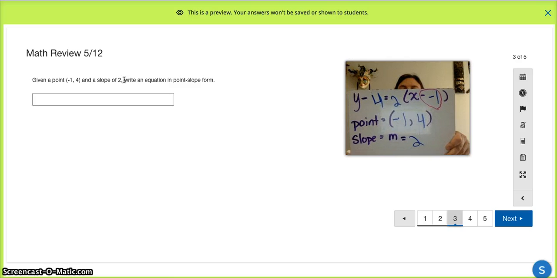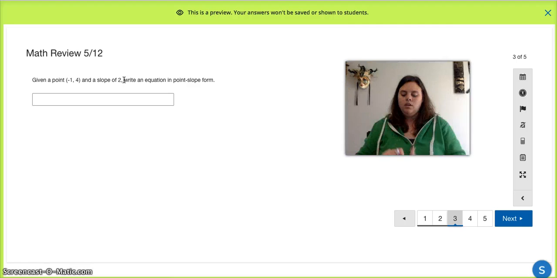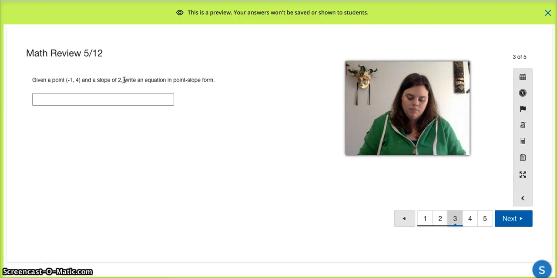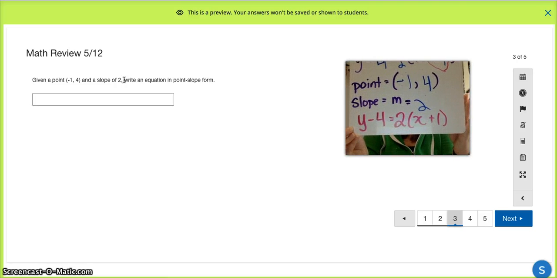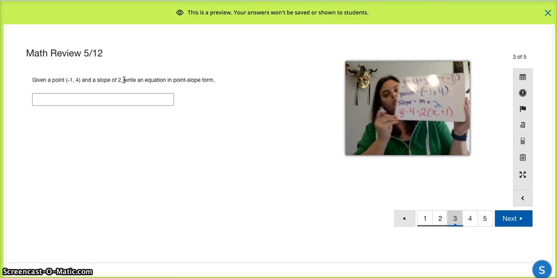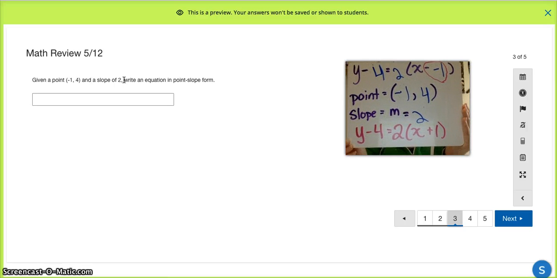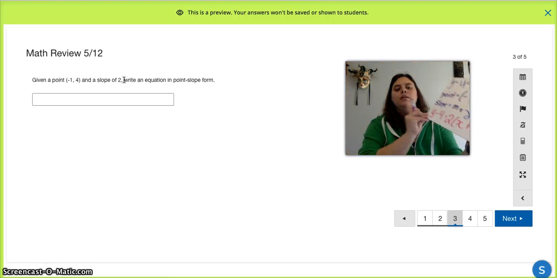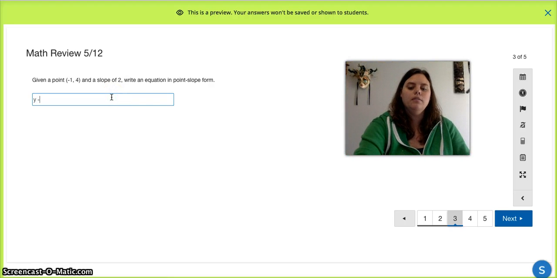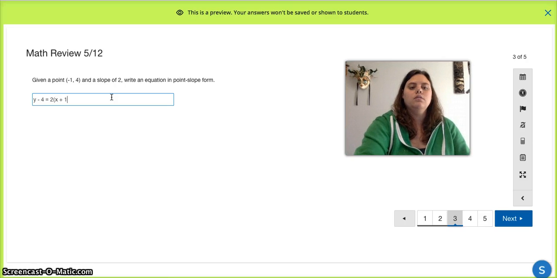When we subtract a negative number, we are actually adding a number. So I will rewrite my equation as y minus 4 equals 2 times x plus 1. And this is the equation I want to write into my field. So I have y minus 4 equals 2 times x plus 1.